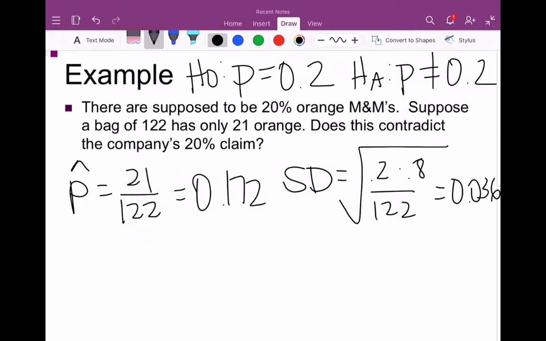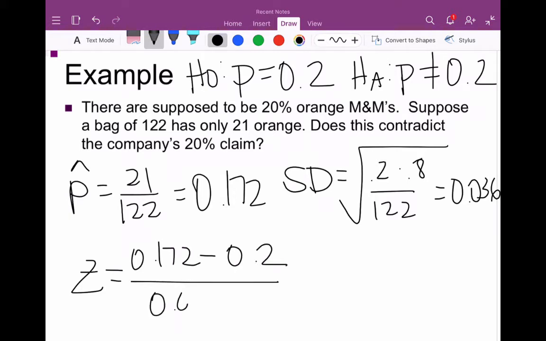So from here I calculate my z-score, so I would have my sample proportion minus my null hypothesis divided by my standard deviation, which is equal to a negative 0.7696. From here I have to calculate my p-value.